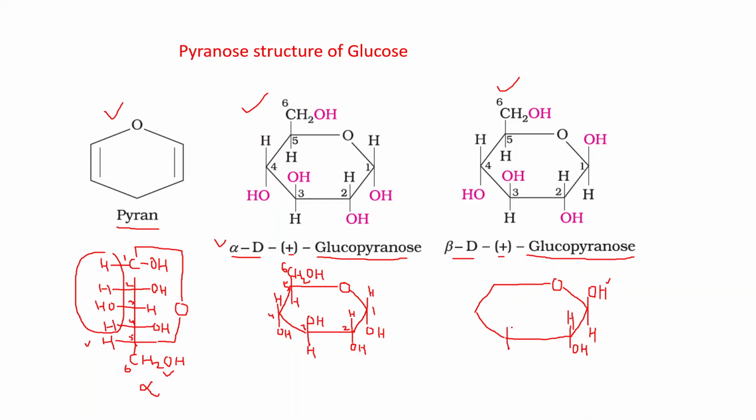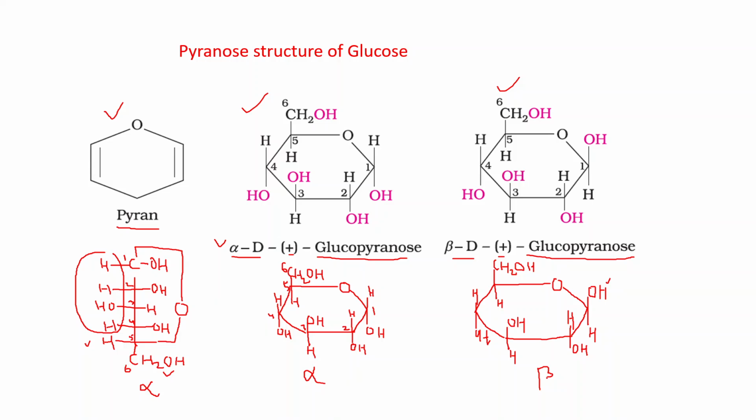On the third carbon atom, this is OH, this is H. On the fourth carbon atom, this is H, and this is OH. And on the fifth carbon atom, this CH2OH is written here, and this H is written here. This is alpha D plus glucopyranose, and this is beta D plus glucopyranose.